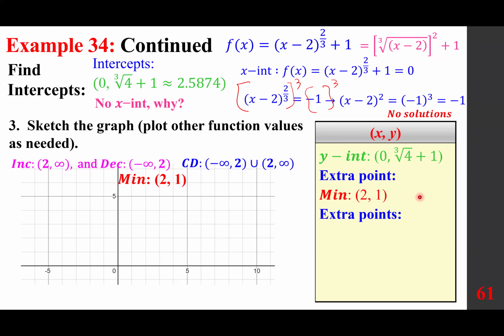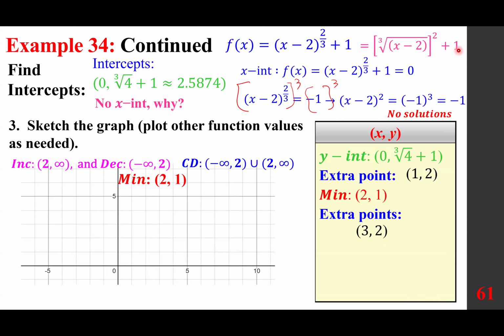For example, if I pick 1 here, it becomes -1. Cube root of -1 is also -1. Square it, plus 1, and 1 is 2. I hope you see that it's (1, 2). Another easy point would be 3. If I put 3 here, I get 1. Cube root of 1 is 1, squared is 1, 1 and 1 is 2.